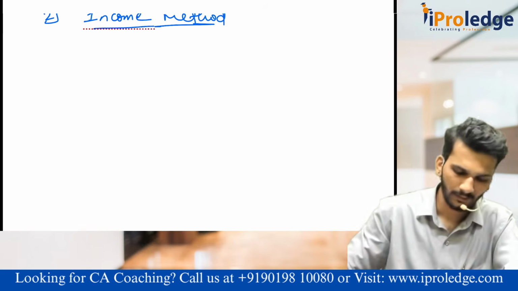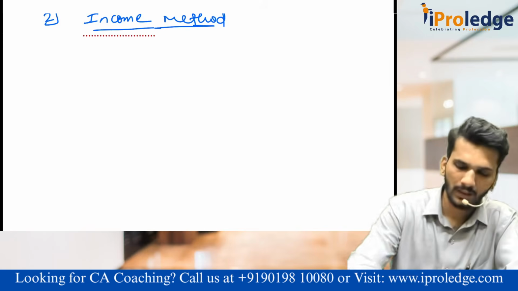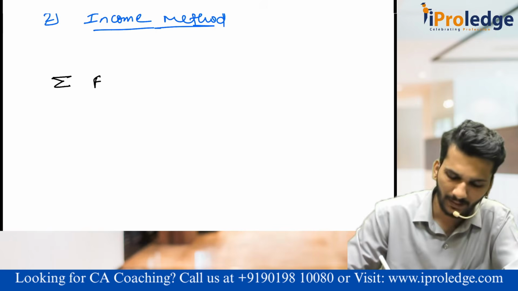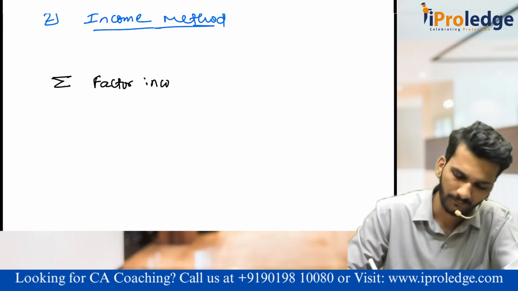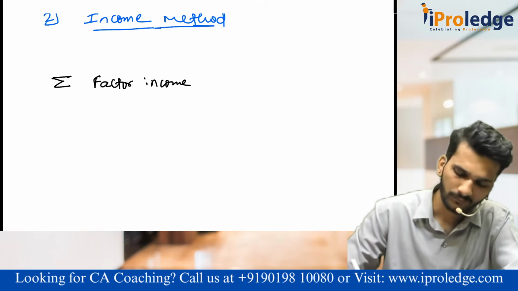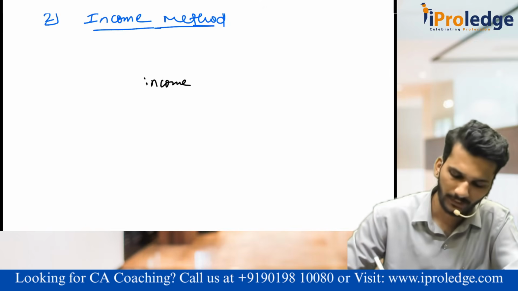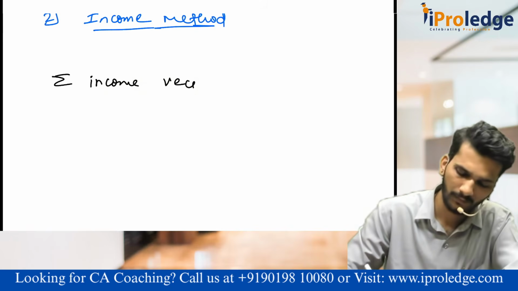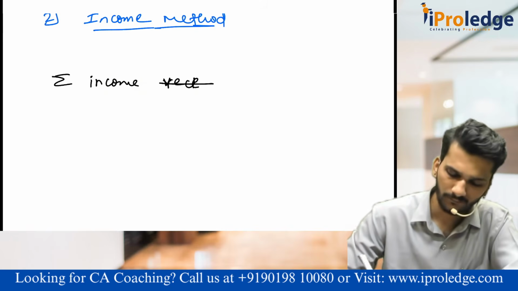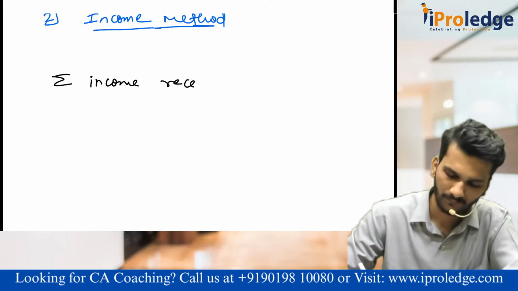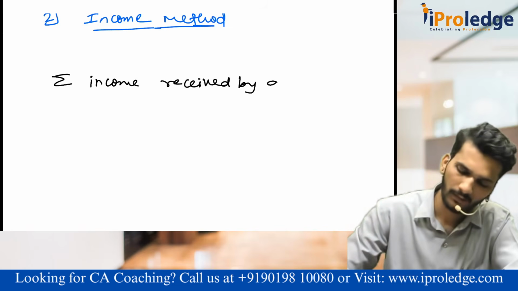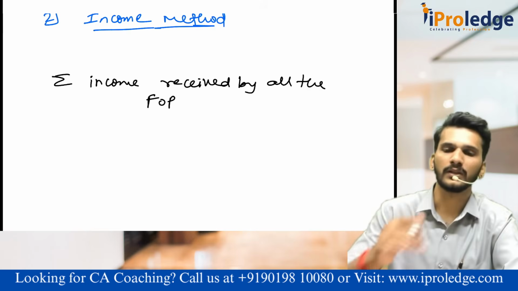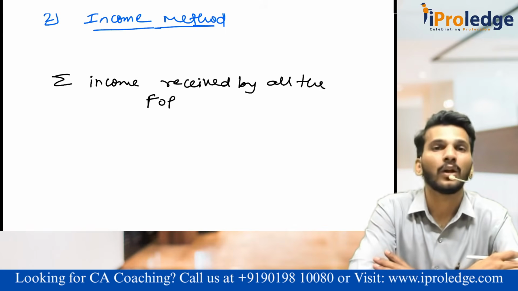So whenever you sum up the factor income, the income received by all the factors of production, you will get the total factor income.